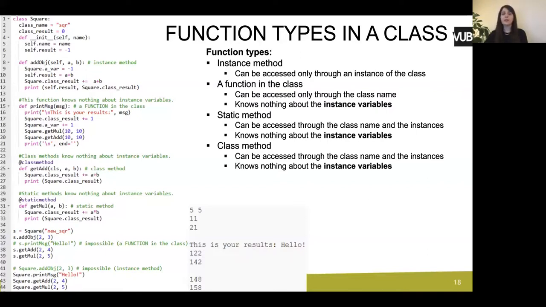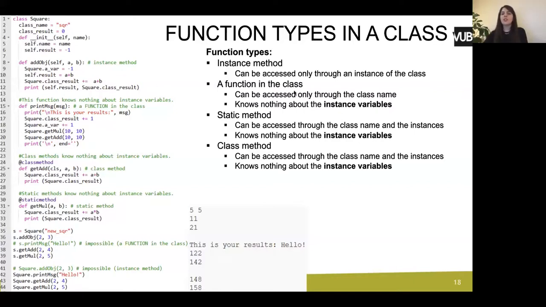I have another function here. This function is just a function in the class. You can see that it doesn't have self, it doesn't have cls, it doesn't have anything. It's just like a regular function that you define, but instead of defining it outside the class, you have defined it inside the class. And it is not common.